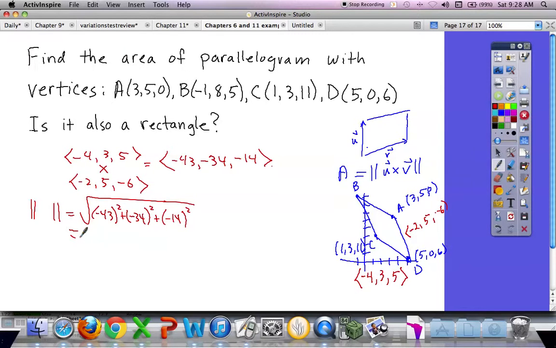I'm getting 56.57. I'll call it 56.6. All right, that's the area.